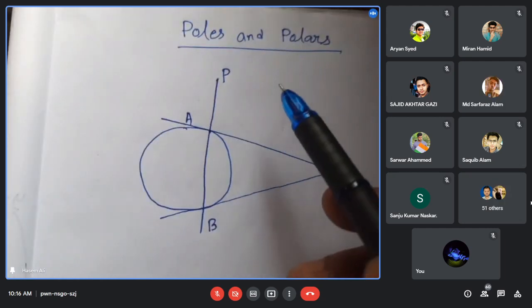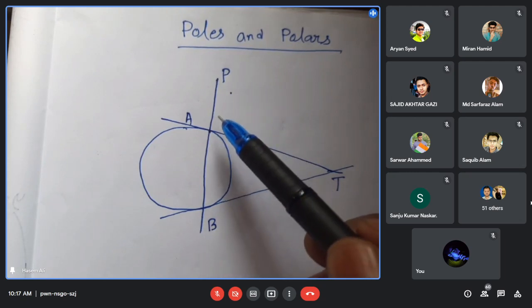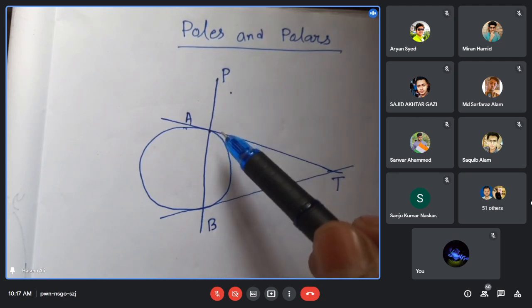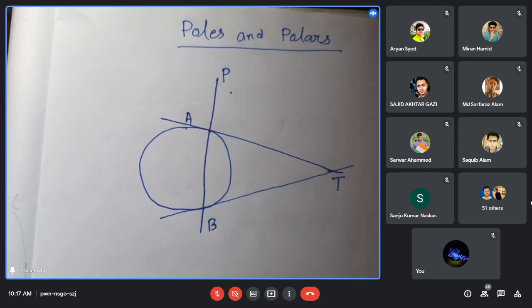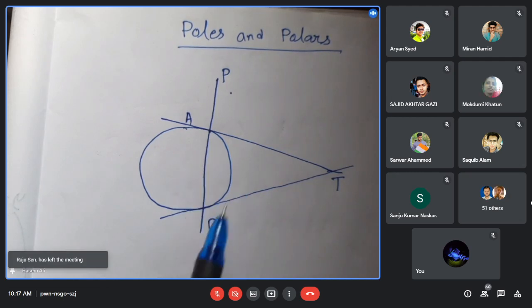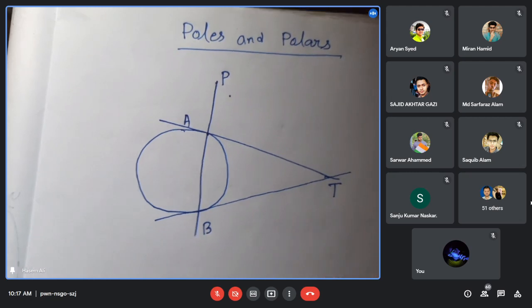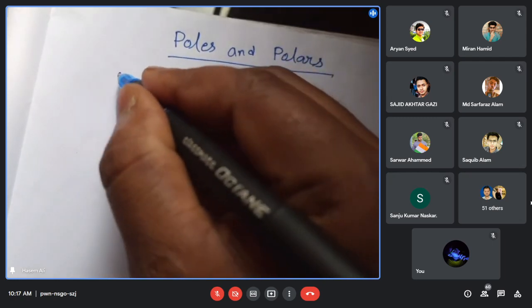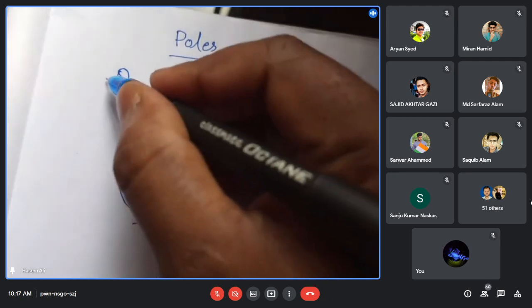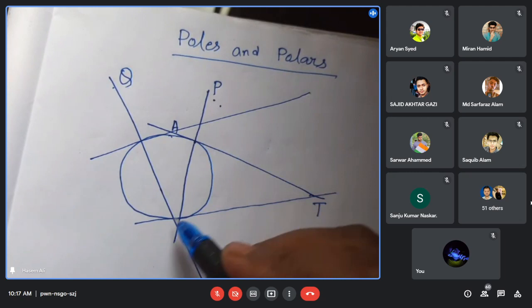Repeat again. Let P be any point. We draw a chord through the point P. Let the points of intersection of the chord be A and B. Now we draw two tangents at the points A and B. Then the two tangents meet at the point T. If we vary this point P, that means if we take the point Q here, then again draw a chord and then draw two tangents.